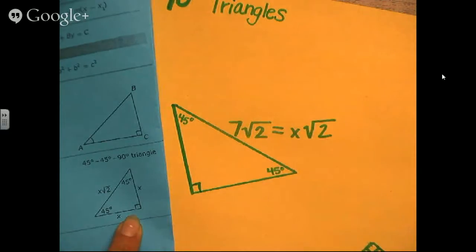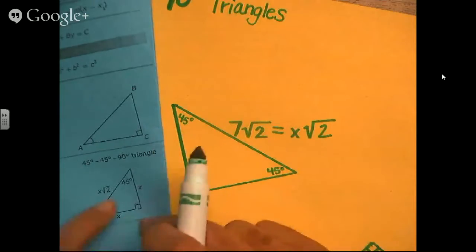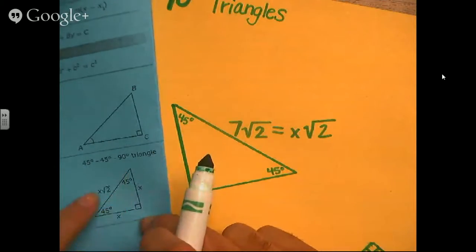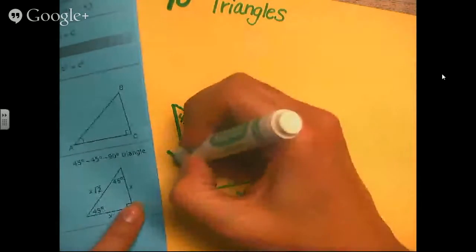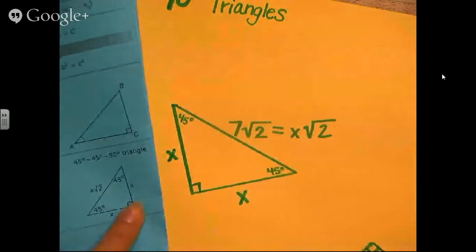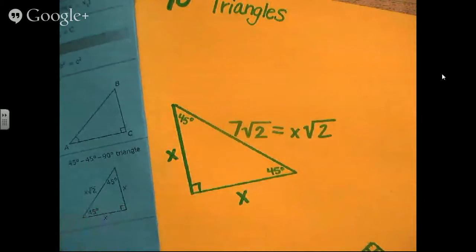All right, across from my 45-degree angles, I should label both of those x. That makes a lot of sense because those are the sides that we are looking for. And a lot of the time when we don't know the length of something, we call it a variable like x so that we can then find it.